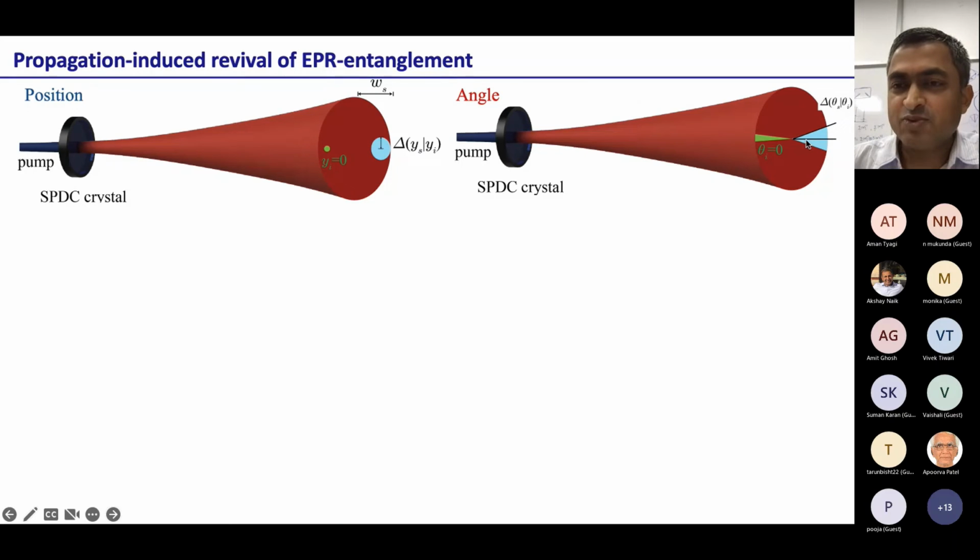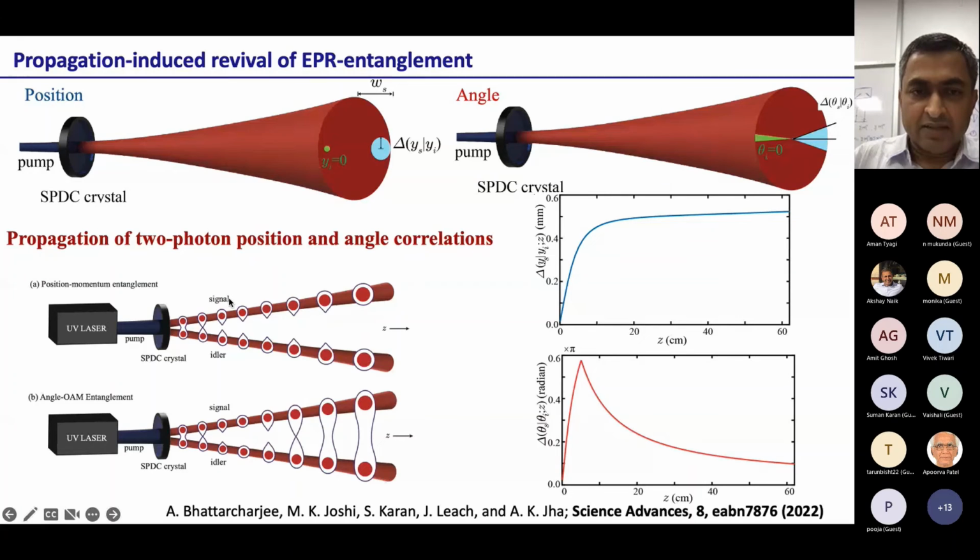In this case, the conditional uncertainty in theta angle and the conditional uncertainty in L, if that product is less than 0.5 h-bar, then you can call it entangled in the orbital angular momentum basis.